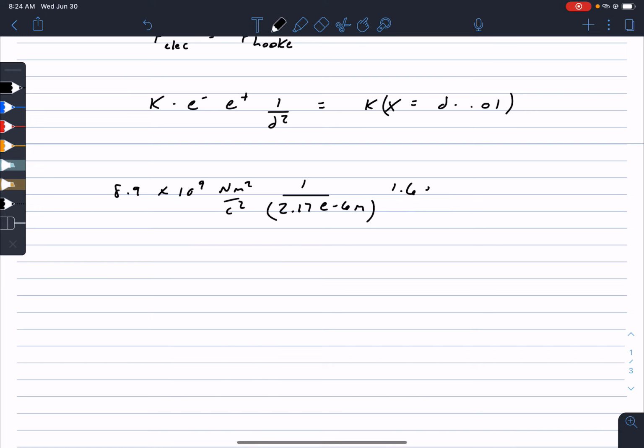And then we have this positive and negative charge. This is our electric force, like I said.